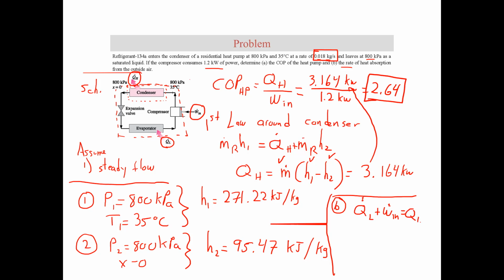Remember, this is a first law analysis around the whole cycle. And if I do my math, I have the work, I have QH, I can compute that the amount of heat being removed from the outside air is 1.96 kilowatts.